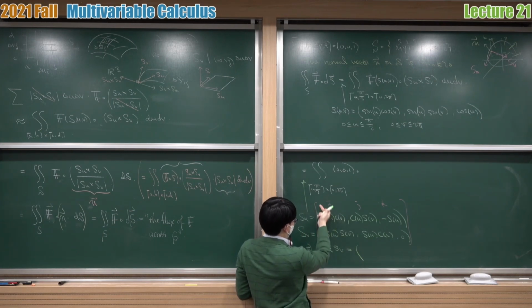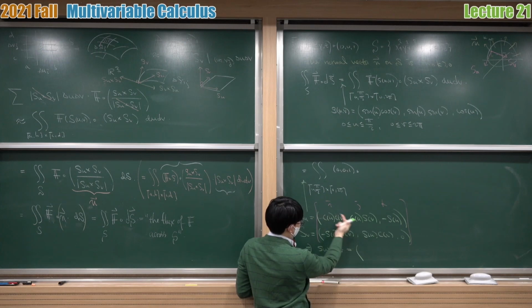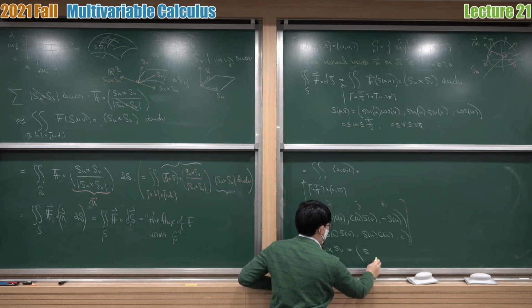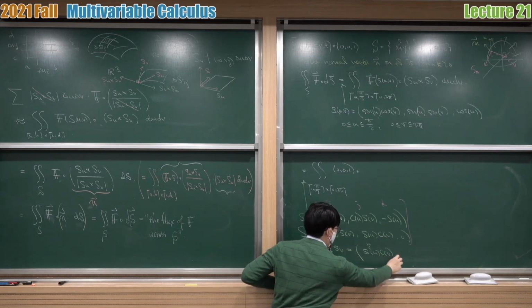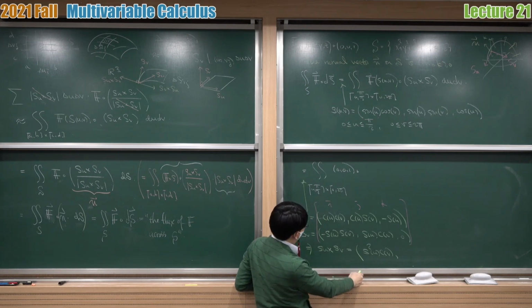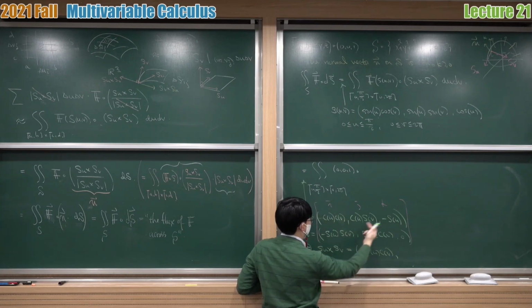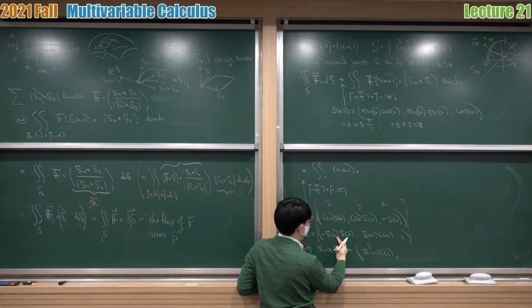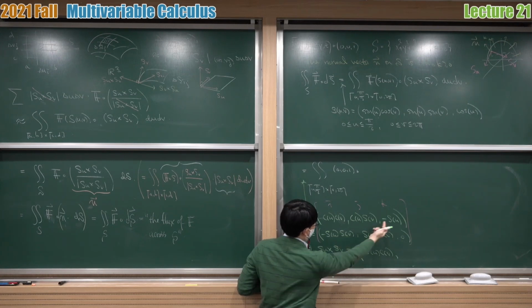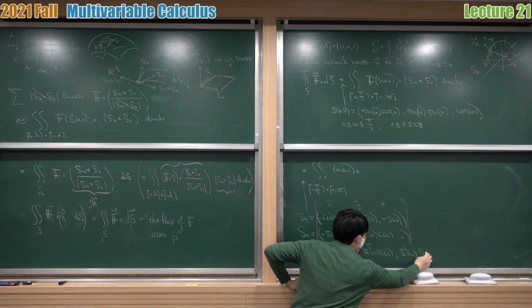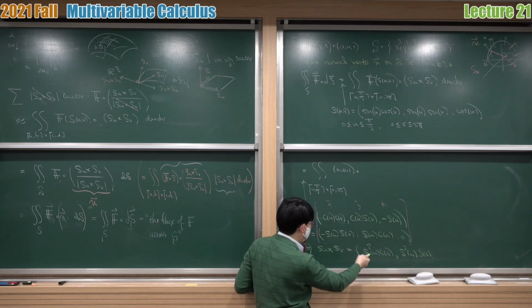What comes to the coefficient of i? So this disappears and this survives. So we have sine squared U cosine V, right? And then what comes to the j component? You have canceling with this, and you have surviving this factor. That's a plus factor, so it's sine squared U sine V. So S means sine and C means cosine.